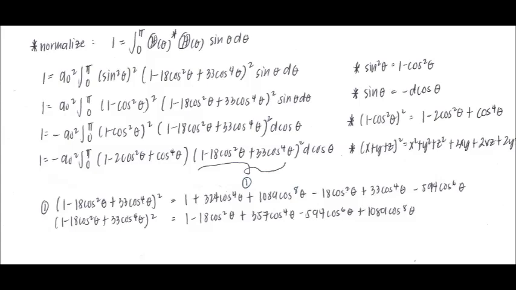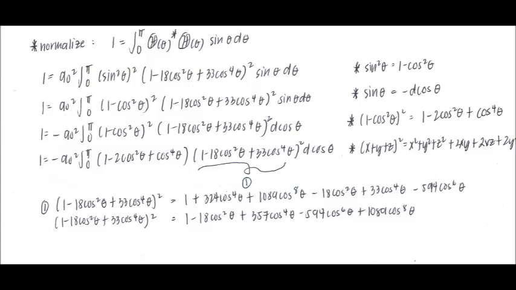Now we substitute this into the equation. We will now have 1 equals negative a0 squared, integral of (1 minus 2 cosine squared theta plus cosine to the 4th theta) times (1 minus 18 cosine squared theta plus 33 cosine to the 4th theta) squared d cosine theta.